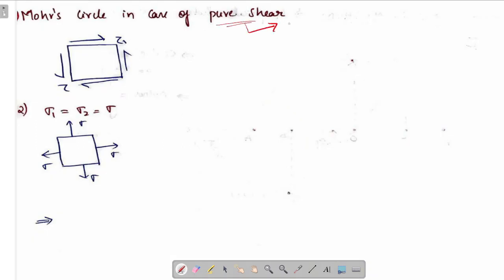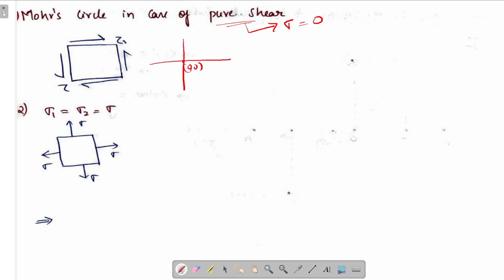Pure shear condition is nothing but on that particular plane there won't be any normal stress acting. So in this condition, this is the origin, we know here sigma x is 0 and sigma y is 0.